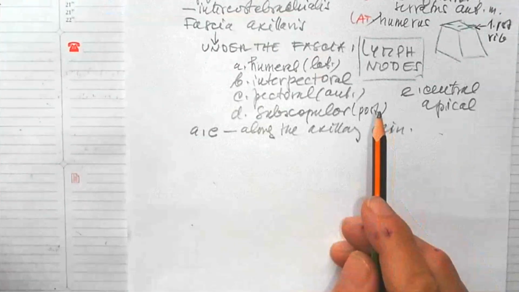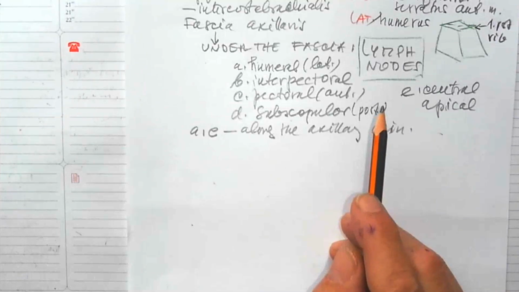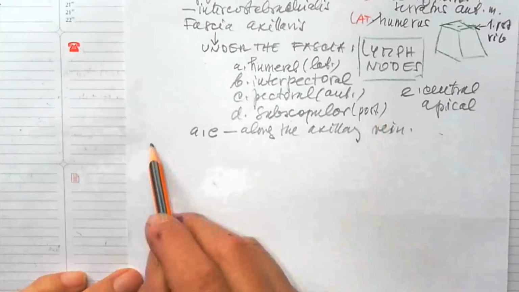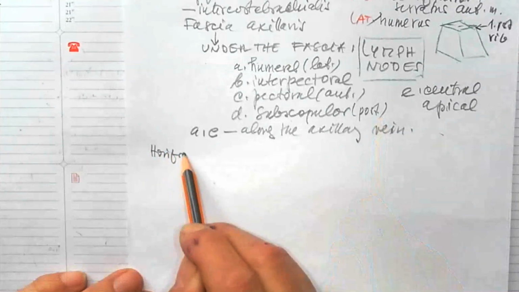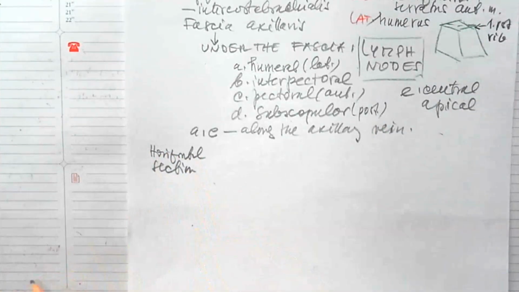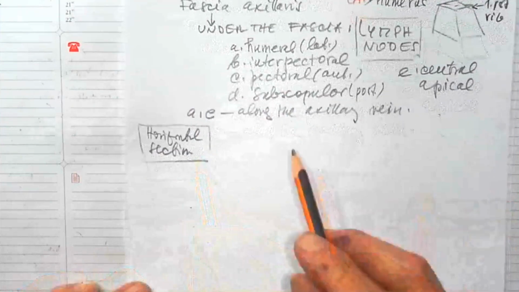That means removal of those which are affected by carcinoma originating from the mammary gland, from mama. And maybe we can draw now the horizontal section, which shows in fact all the important points of the region.